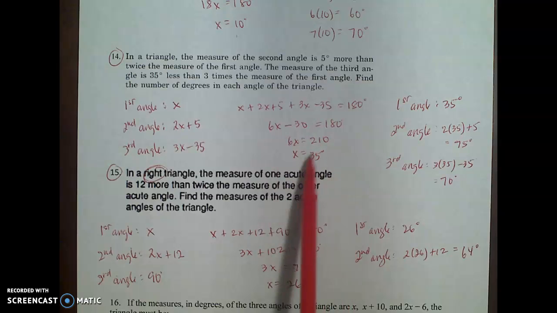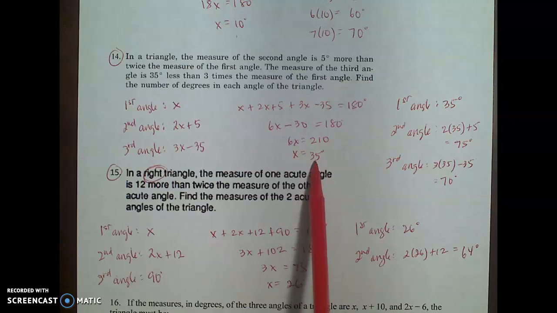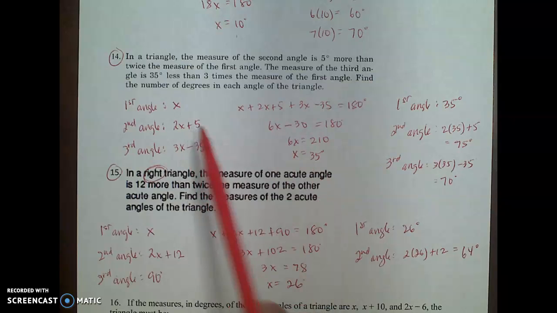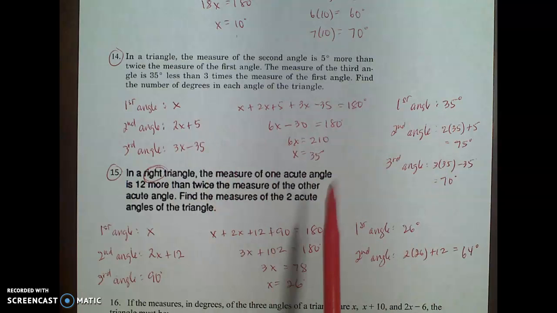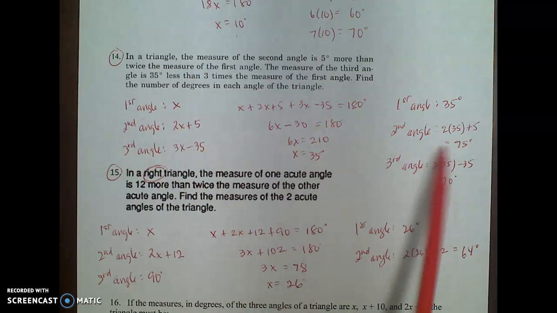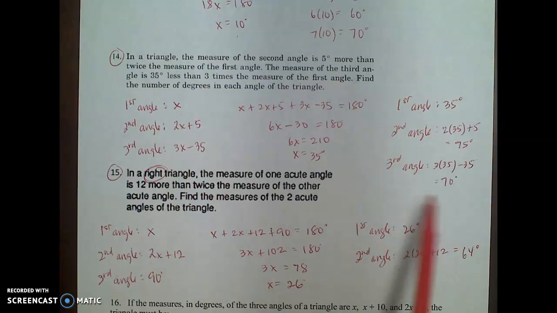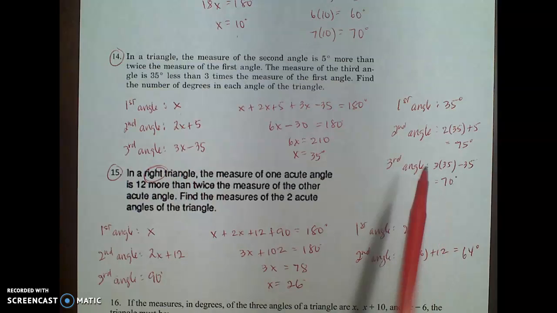So when you solve for x, you get x is equal to 35. When we take our answer for x, we plug it back in. So the first angle is 35 degrees. The second angle, we take 35, plug it in for x, 75 degrees. And the third angle, we take 35, plug it in for x, we get 70 degrees.